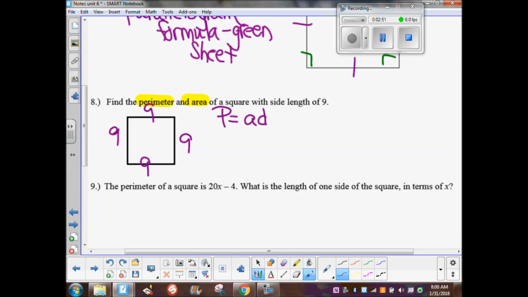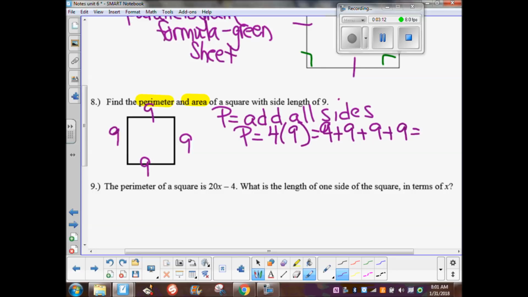So perimeter, we add all sides. Who's got it? 36. So we have 4 sides, and they're all 9, right? I did the shortcut. Instead of writing 9 plus 9, 9 plus 9, 36.